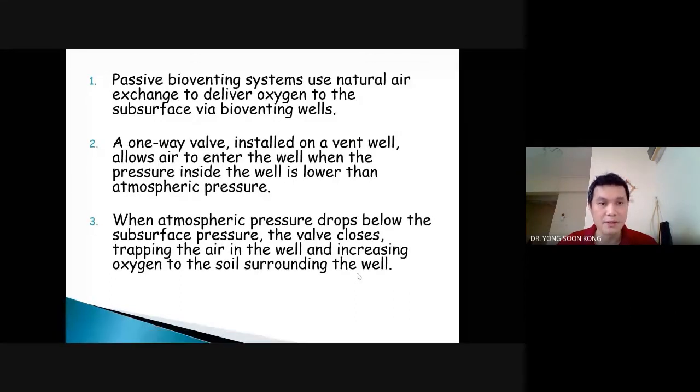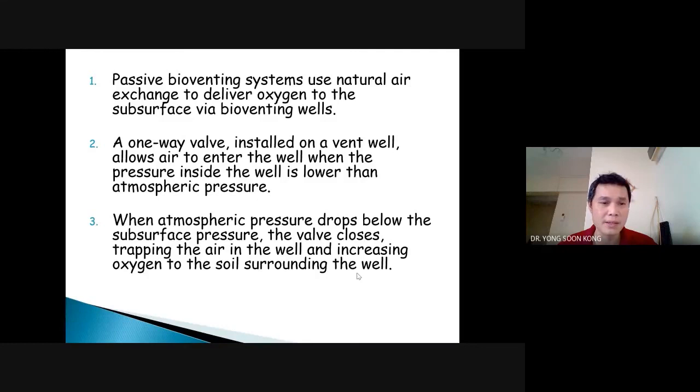Okay, so continuing with bioventing, there are 3 steps to do it. Passive bioventing system uses natural air. So this one involves the use of a pump to inject whatever air is available in the atmosphere. And then there's another thing. A one-way valve installed on the vent well allows air to enter the well when the pressure inside the well is lower than the atmospheric pressure.